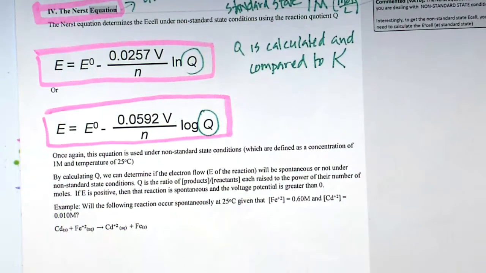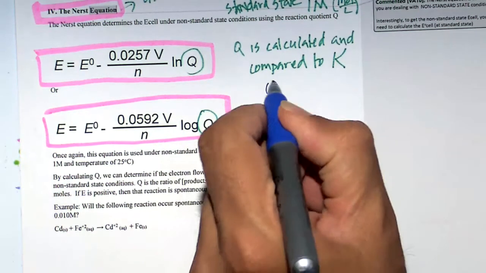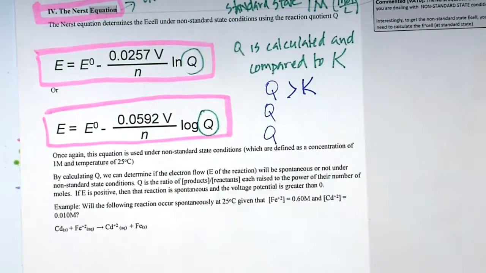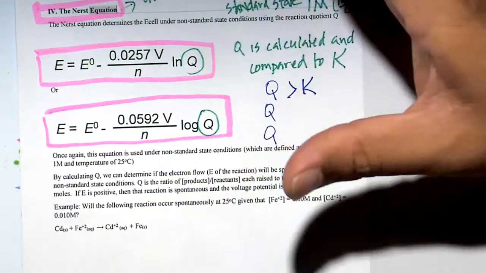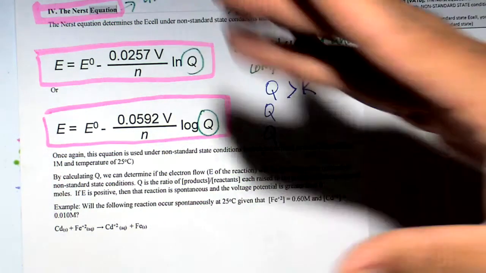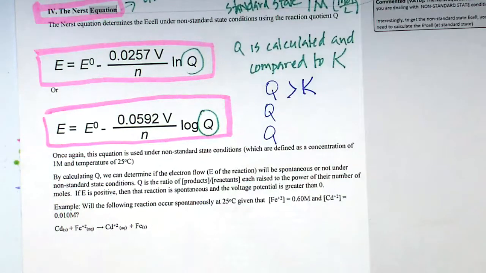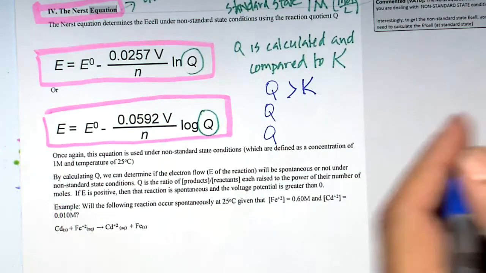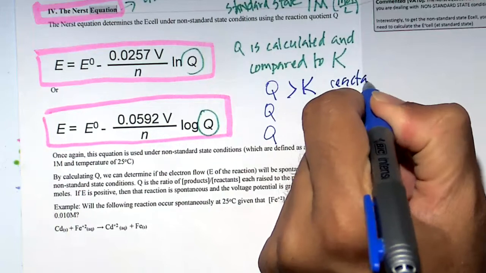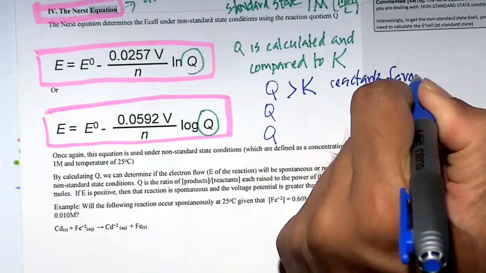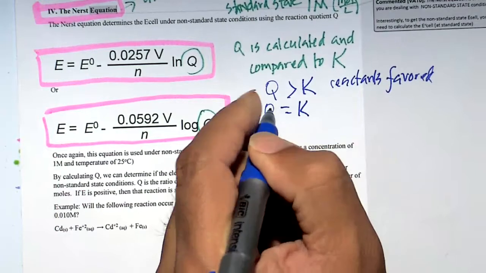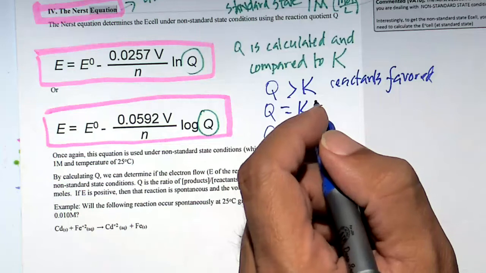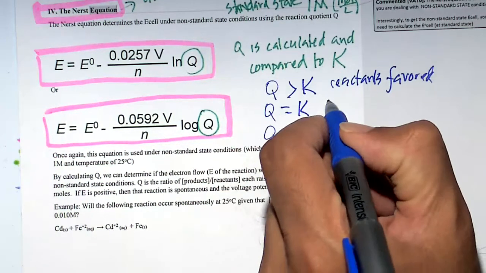And it goes like this. We're going to put Q first. One scenario is if Q is greater than K, the alligator jaws point towards the reactant side. So reactants are favored in this equilibrium reaction. It has more reactants than products. If Q is equal to K, then neither reactants nor products are favored.